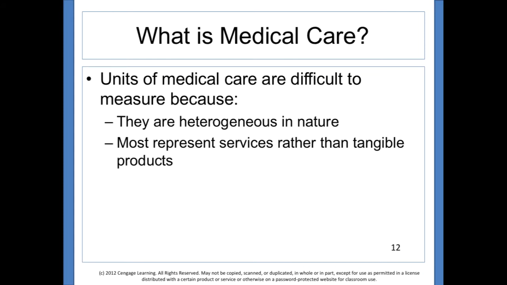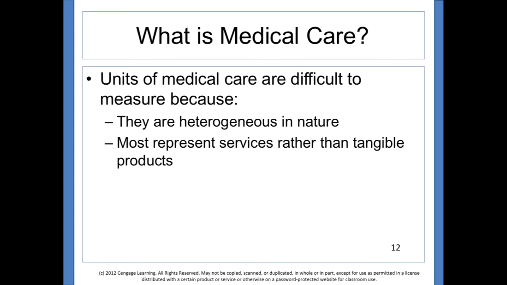What is medical care? Units of medical care are difficult to measure because, first of all, they are very heterogeneous in nature. Heart surgery is very different from a dental clinic or physical therapy or psychiatry services.